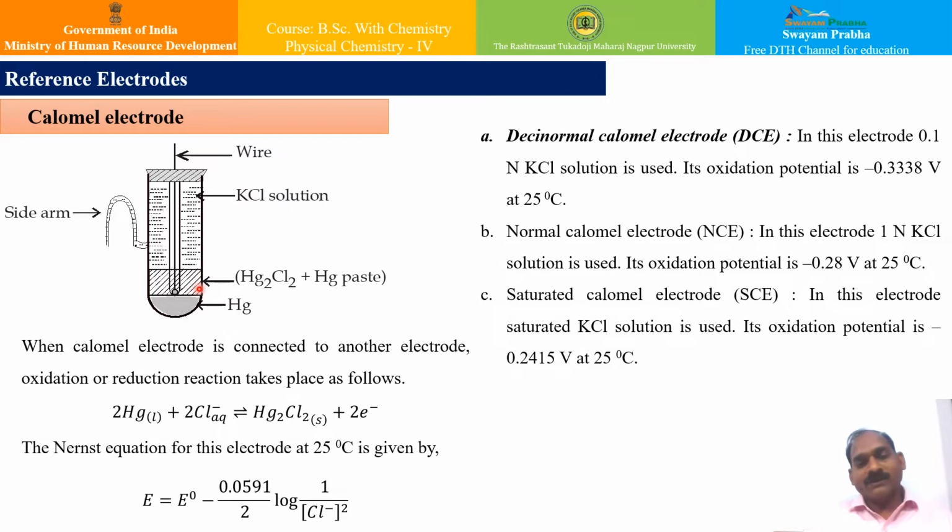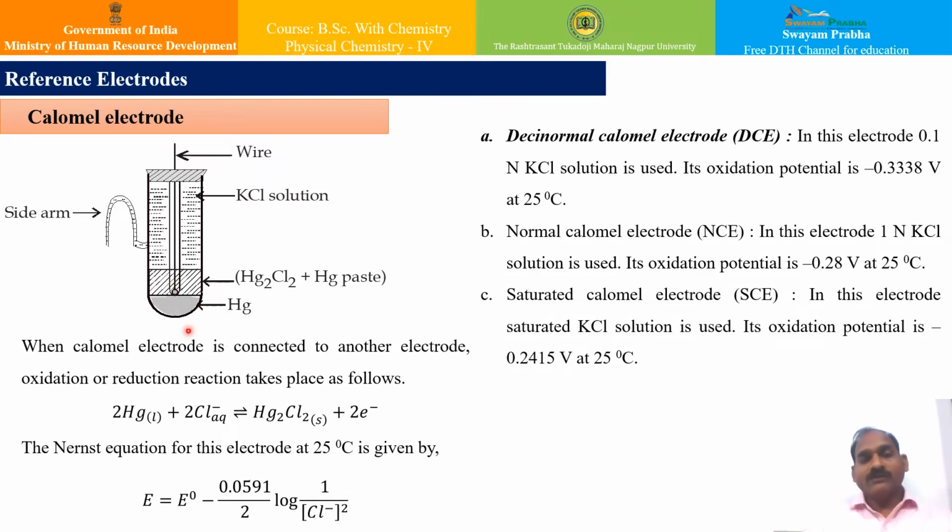In the hydrogen electrode, you have to maintain the pressure at 1 atmosphere and get dry and pure hydrogen gas. All those disadvantages associated with the hydrogen reference electrode are eliminated here, and you can very easily take it in your pocket. That means it is a portable calomel electrode, you can take it anywhere.